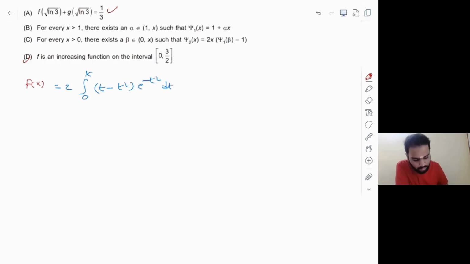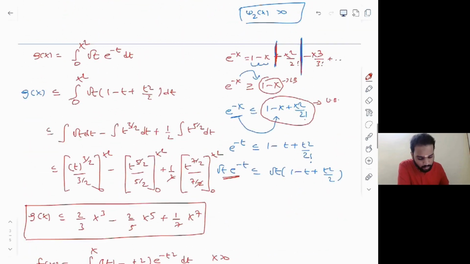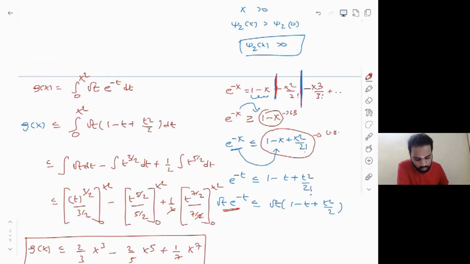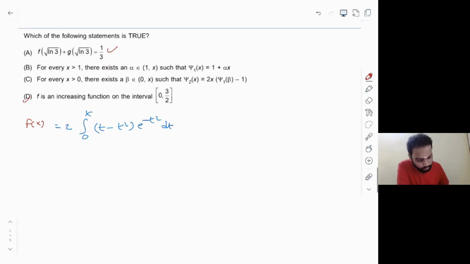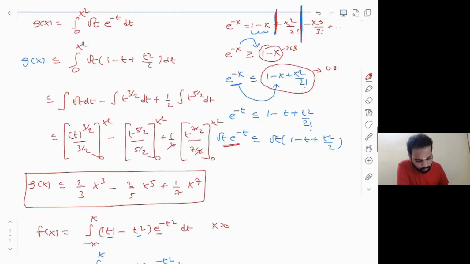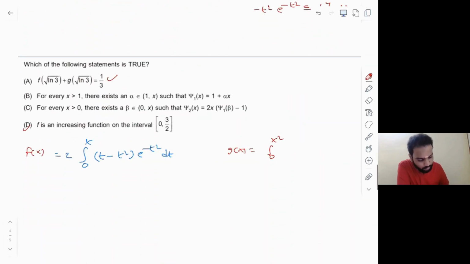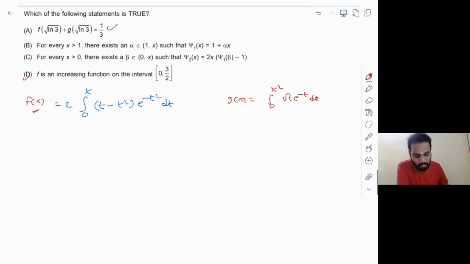But let's try to simplify the function g of x further. So g of x is given as the integral 0 to x square of root t into e power minus t dt. So if I want to add these two functions f of x and g of x, there is a clear problem because the limits are not the same.